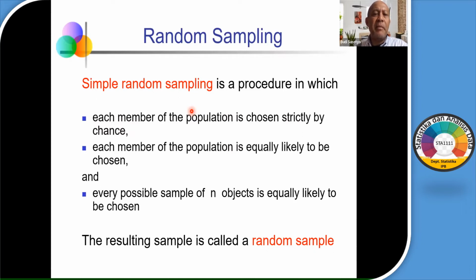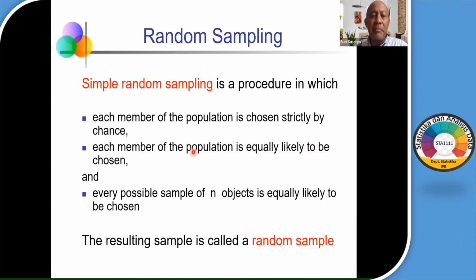This is simple random sampling. So each member of the population is equally likely to be chosen. With the mathematical word, it is having the same probability. Every member of the population has the same probability to be chosen.